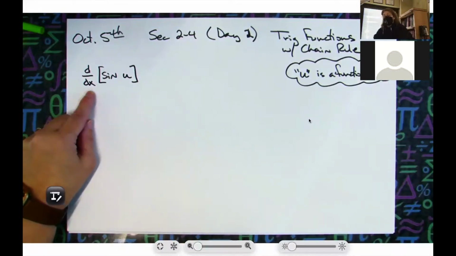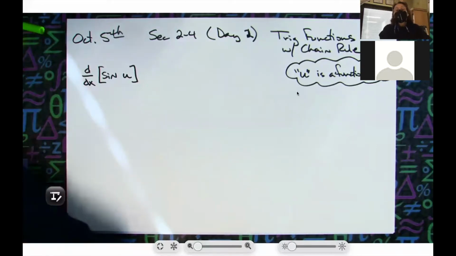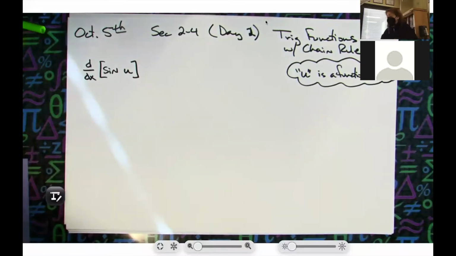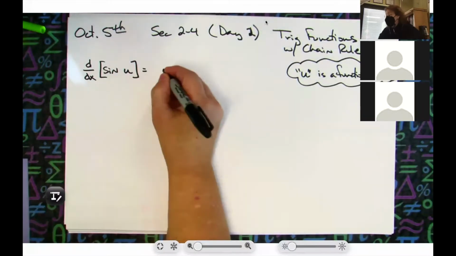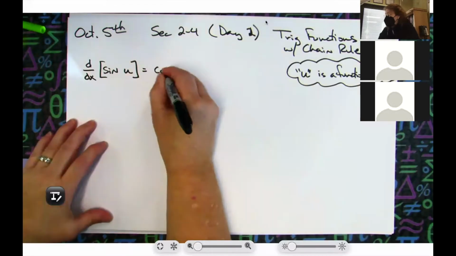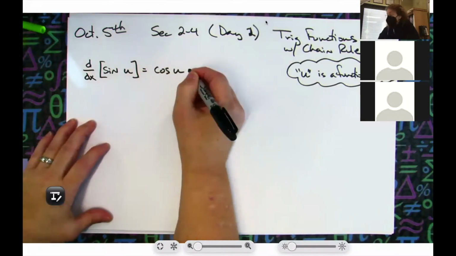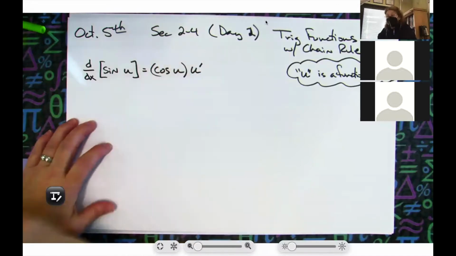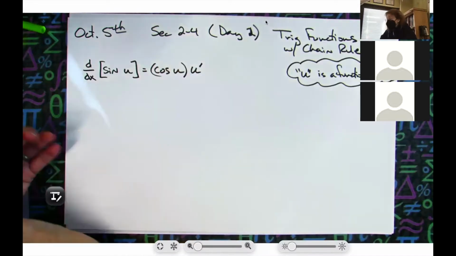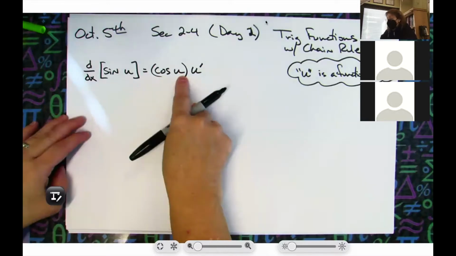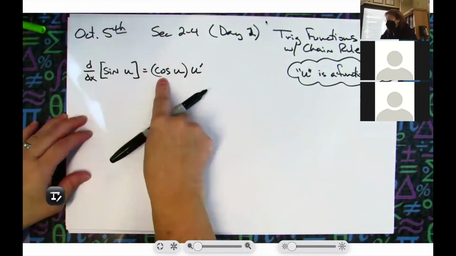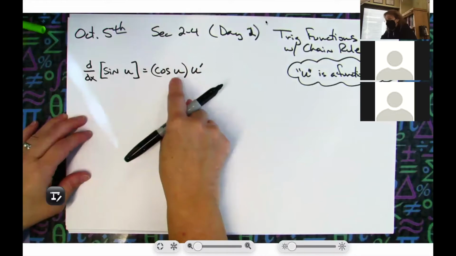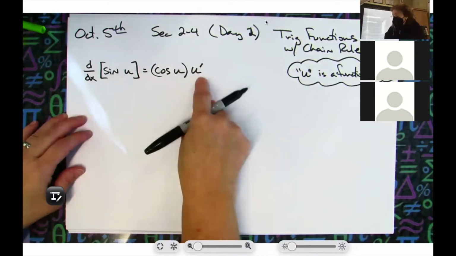I am doing d dx of sine u. Okay, and we know this is going to be cosine of u times u prime, so times the chain. All right, so cosine u, that part of it stays the same, sine to cosine. Cosine u times the chain. This is the chain, okay?